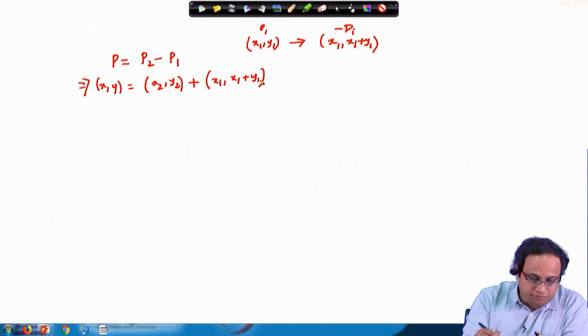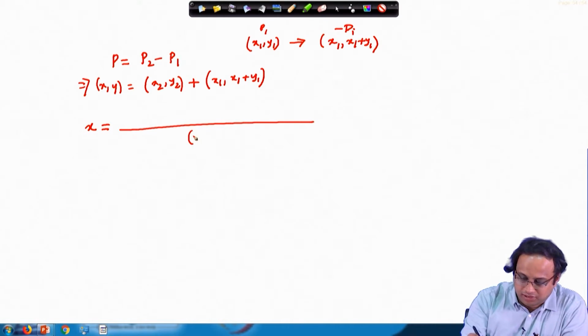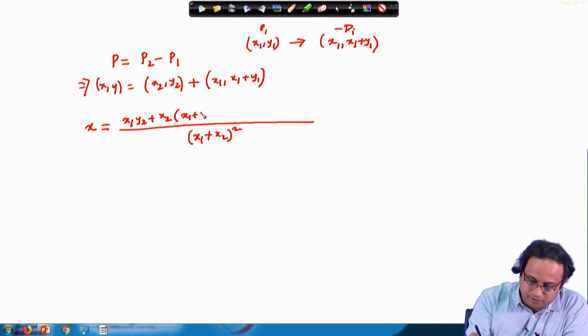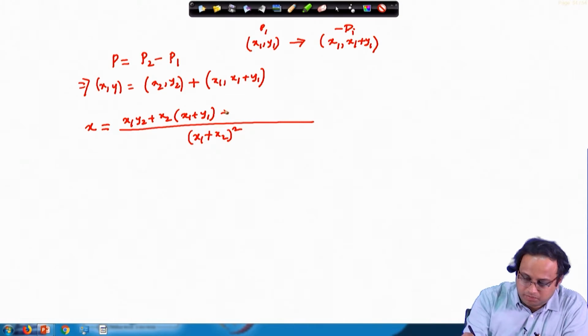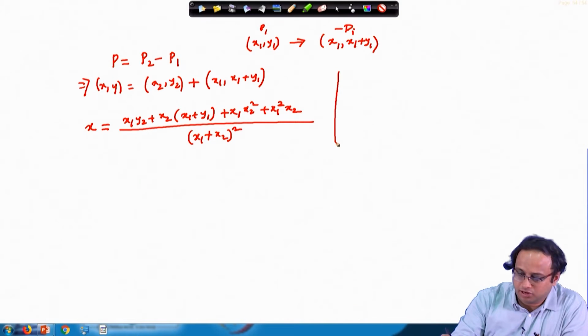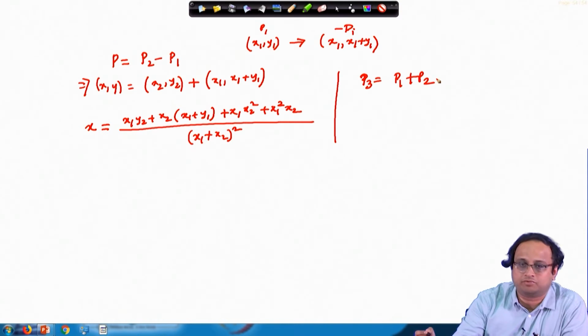Now, if I apply the previous result that we derived, then I can write x as: the denominator is x1 plus x2 whole square, but the numerator is x1 y2 plus x2 into x1 plus y1 plus x1 x2 square plus x1 square x2. We also know that P3 is the result of adding P1 and P2, which is what I am trying to derive.